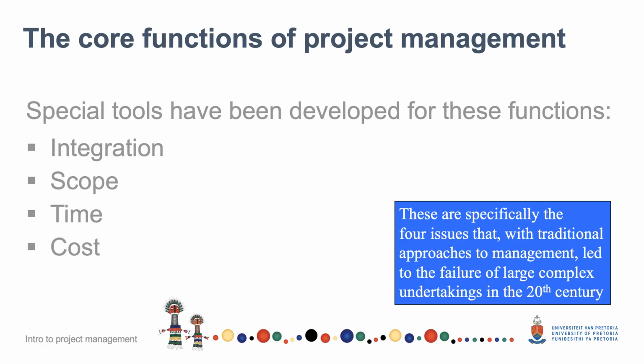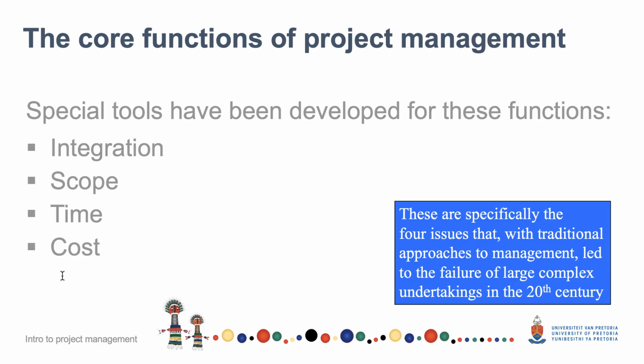According to PMBOK, the core functions of project management are those functions for which special tools had to be introduced or adapted. And that differentiates it from conventional management. So with conventional management, you didn't have to have special tools for dealing with the problem of integration, of scope management, of time management, and cost management.